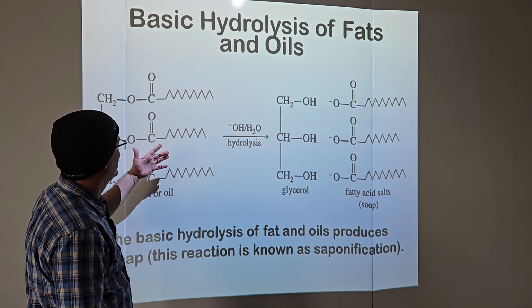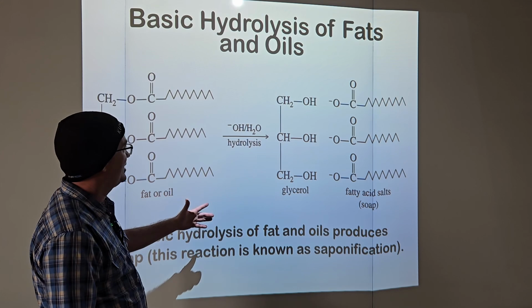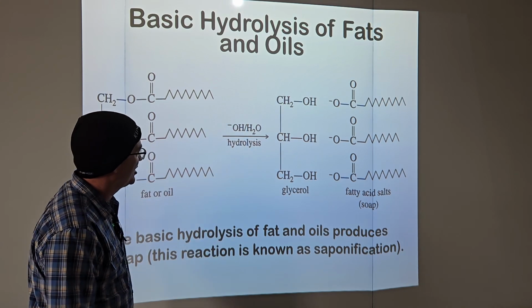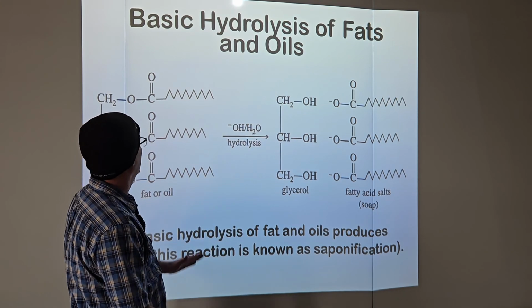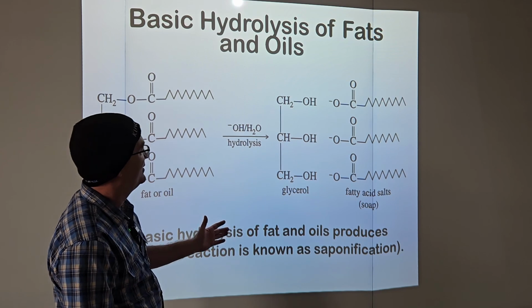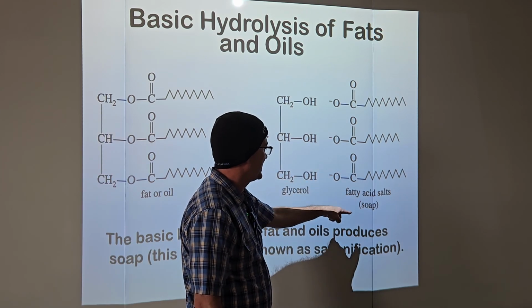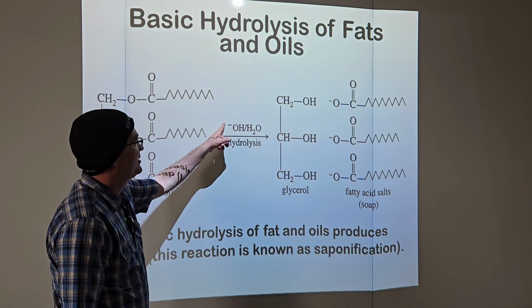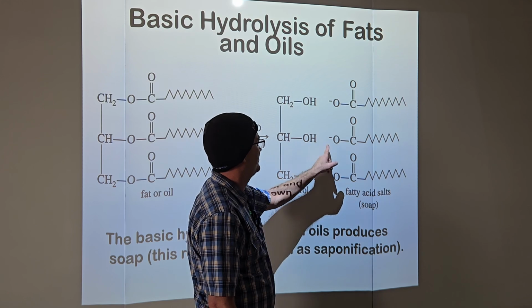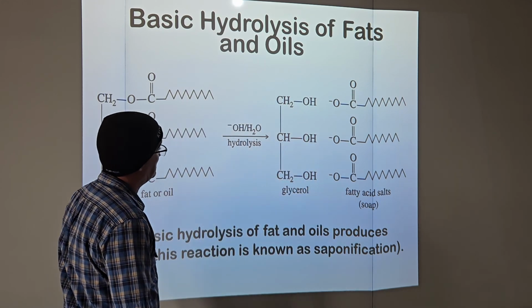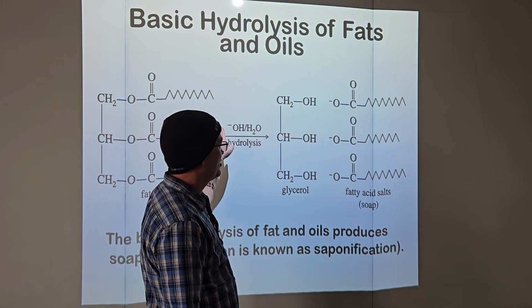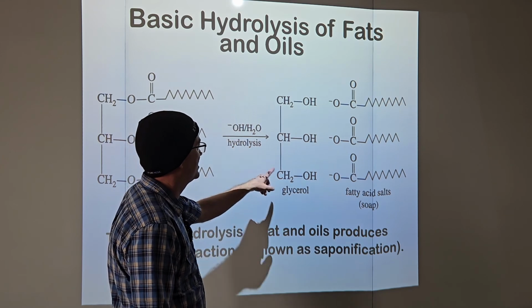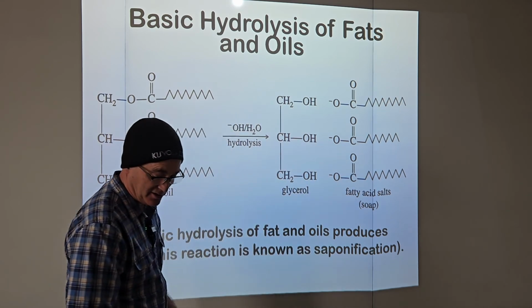Then you mix the lye with the fat and heat it up. Hydrolysis occurs; hydrolysis means to split with water. You split that off, and now we have fatty acid salts. If we had sodium, we'd have the sodium salt. Lye is a mixture of both potassium and sodium hydroxide, so you'd have both salts.